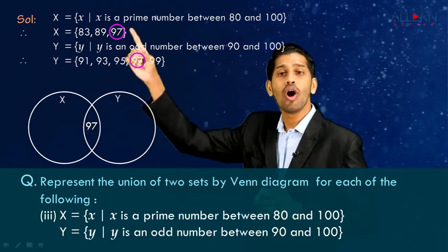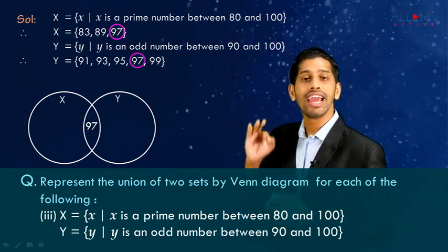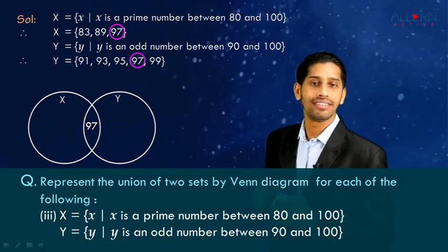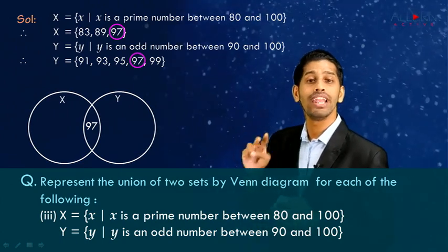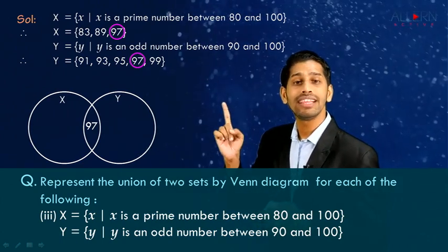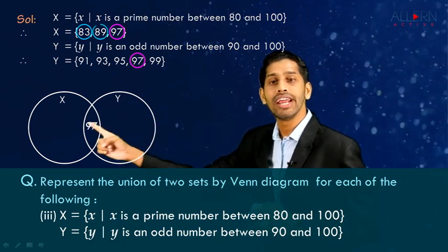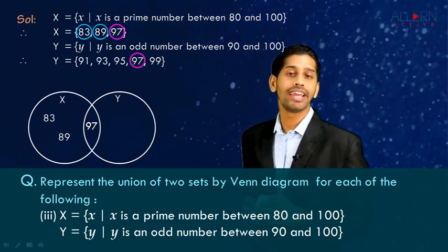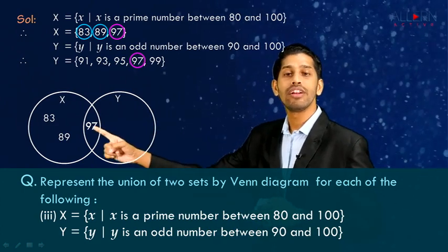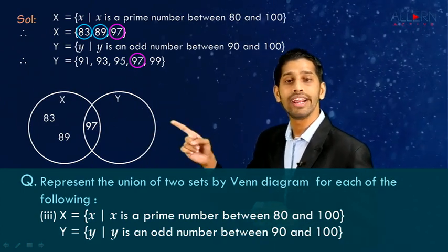Now if you observe set X, there are 3 elements, 83, 89, 97, out of which we have already written 97. So 2 elements are remaining, that is 83 and 89, which we write in set X. If you observe set Y, 97 we have already written, so remaining elements we have to write in this circle.